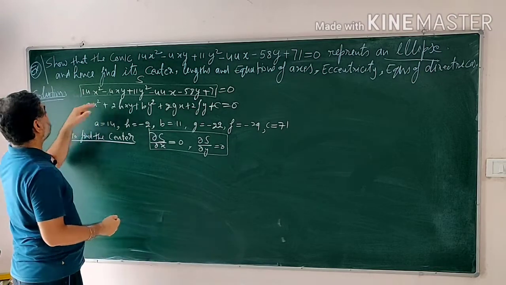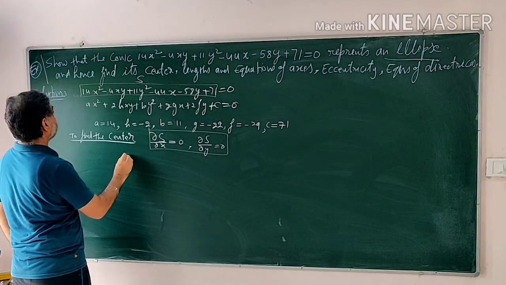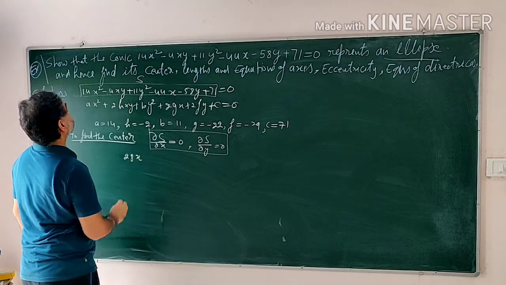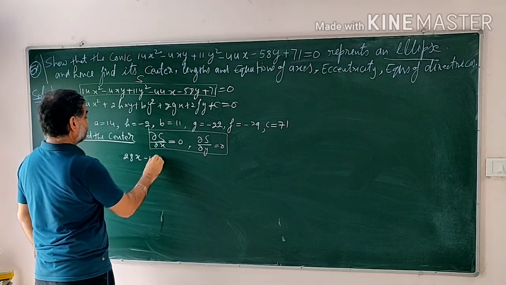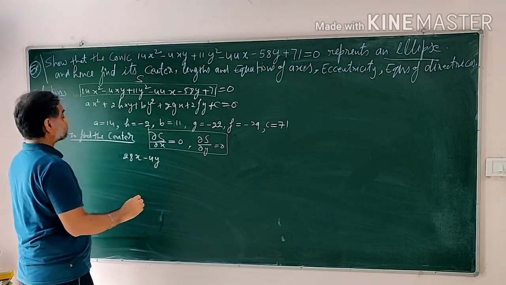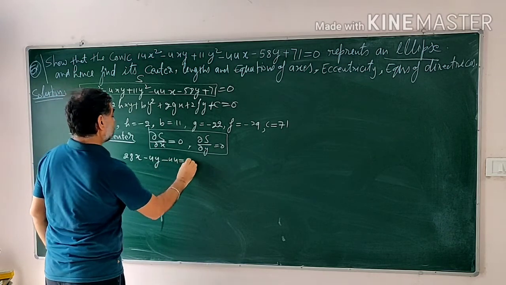So what is the partial derivative of S with respect to x? This is 28x − 4y − 44 = 0.